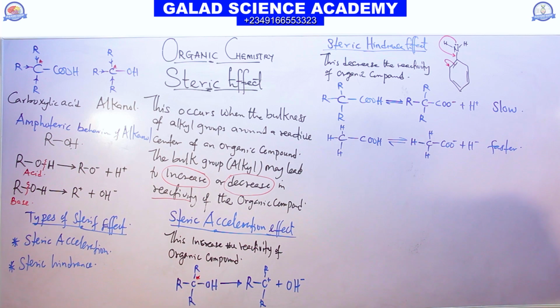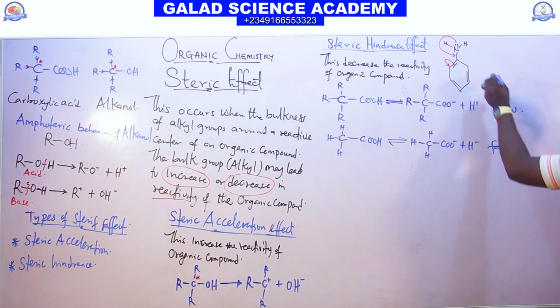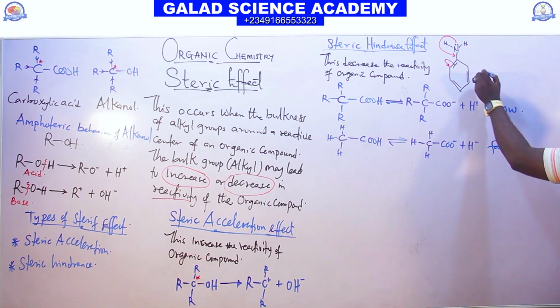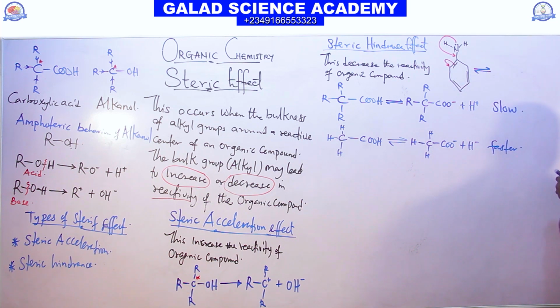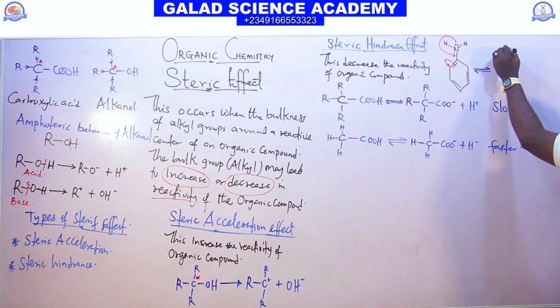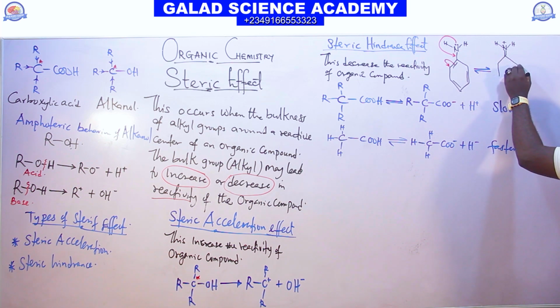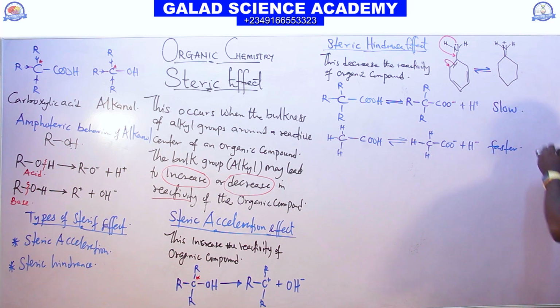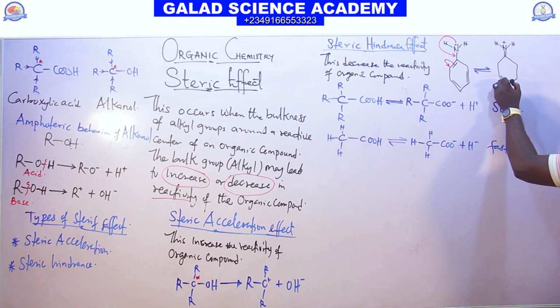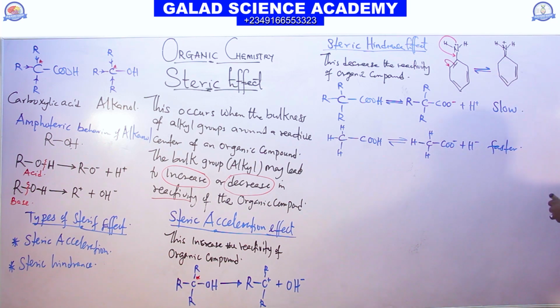So the structure will become NH2 with a plus here. This place will be a double bond, it has shifted to it. Then the benzene ring is this. So this double bond remains here, and this one remains here.